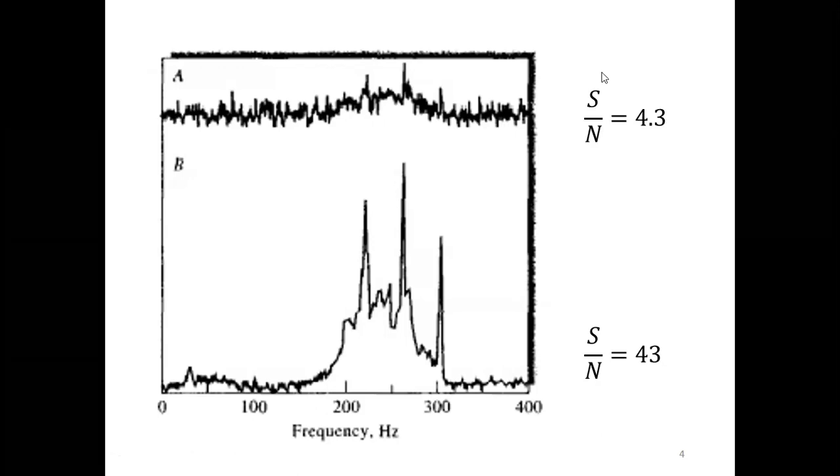So this shows us that when we increase the signal to noise ratio, we can get distinct peaks for the desired signal.